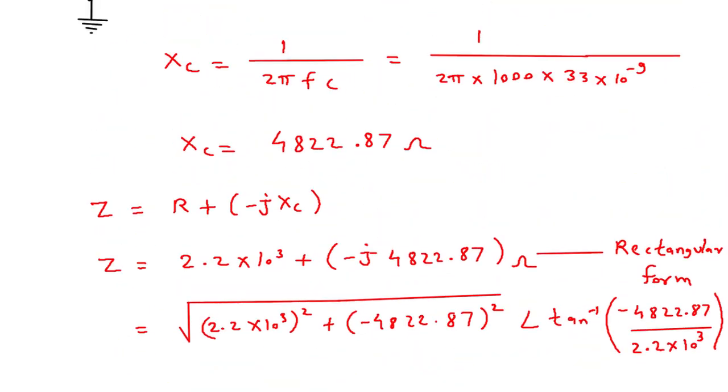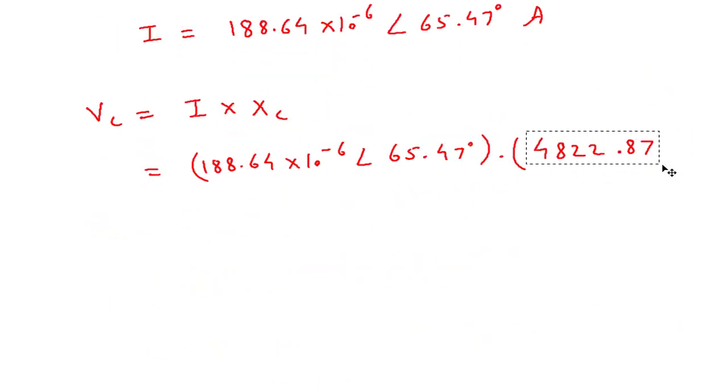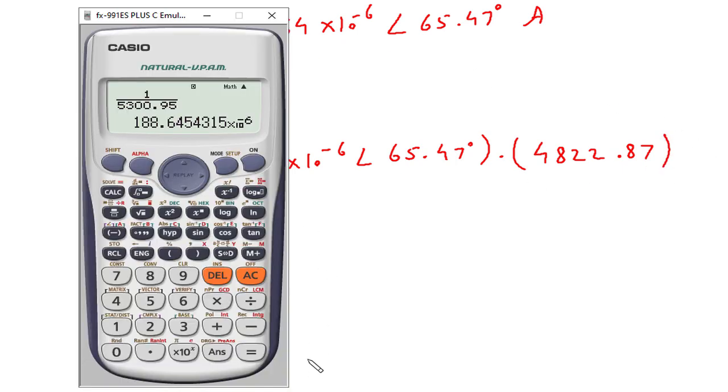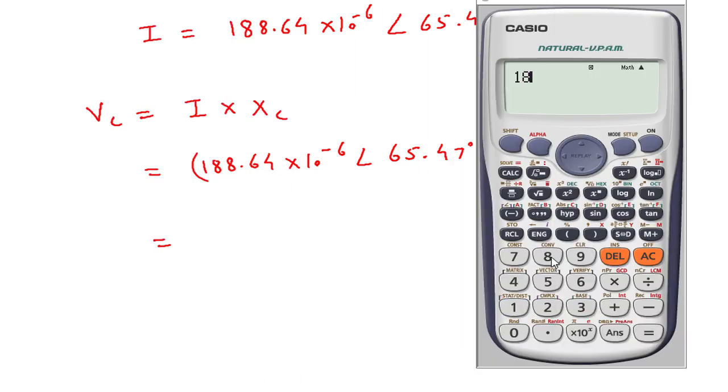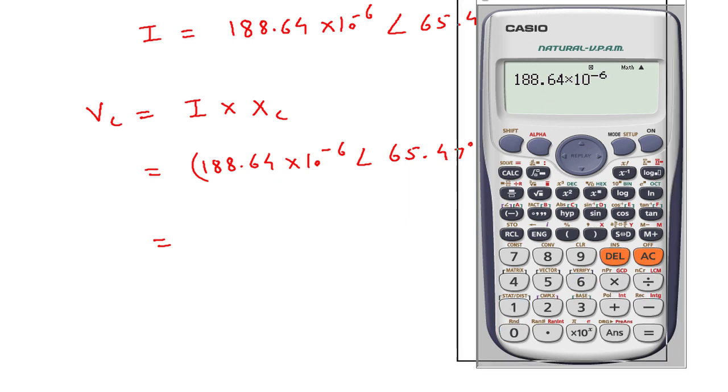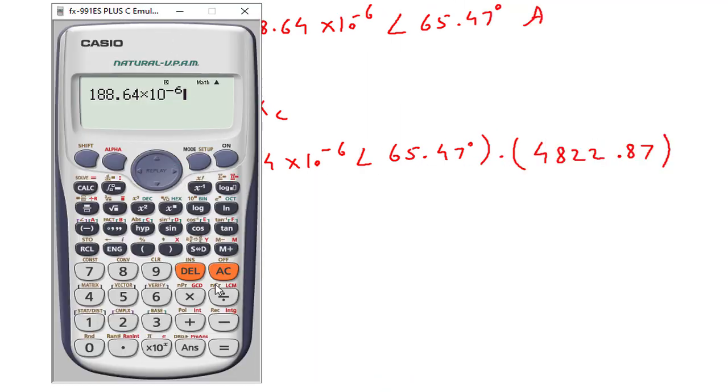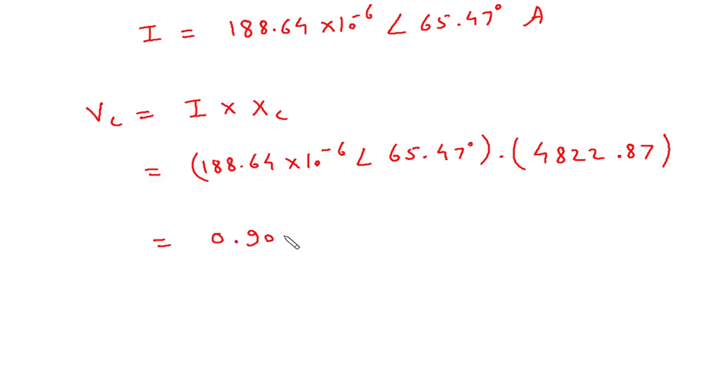The value of capacitive reactance is 4822.87. So 188.64 multiplied by 10 to the power minus 6, multiplied by 4822.87, is 0.909.